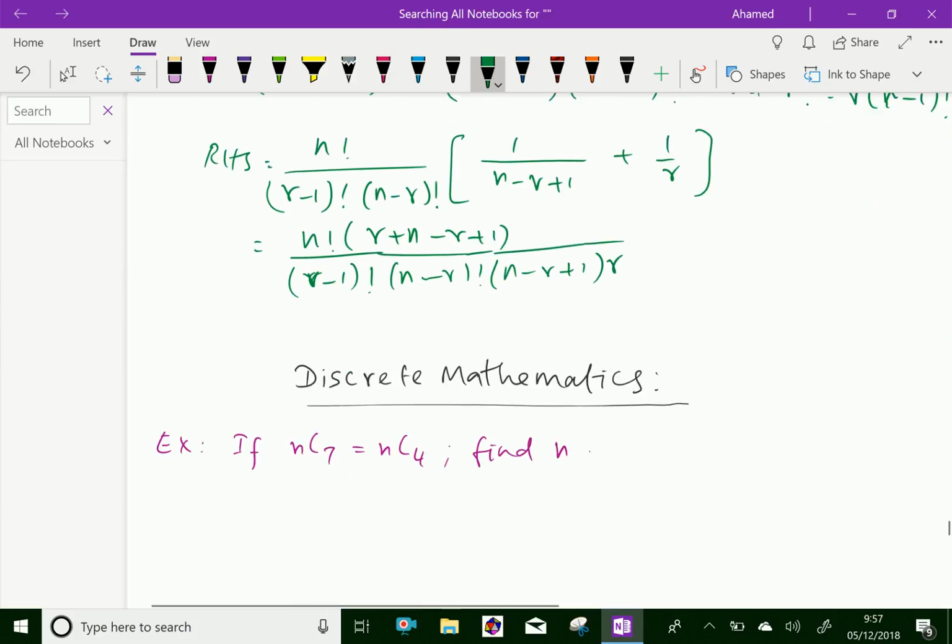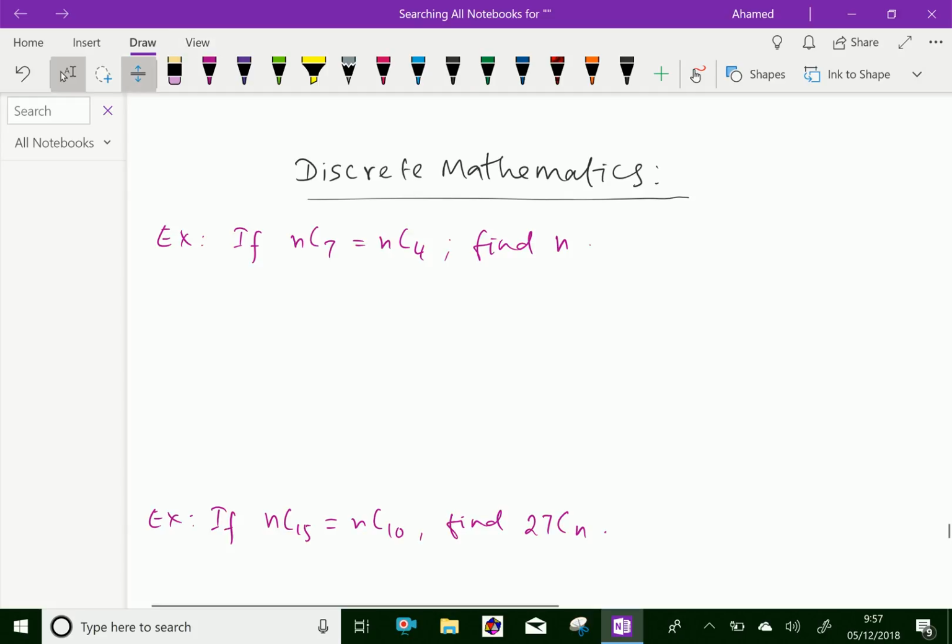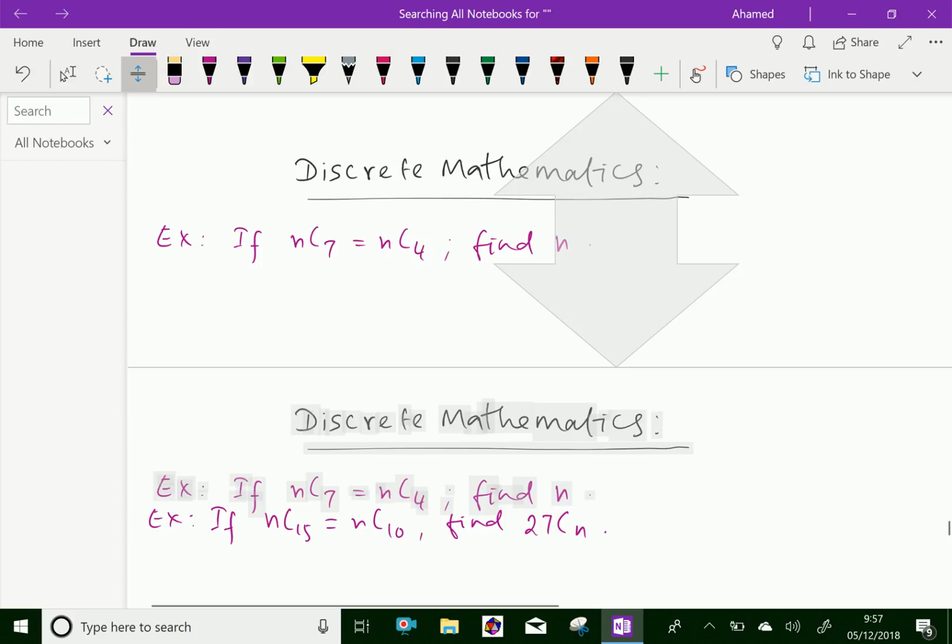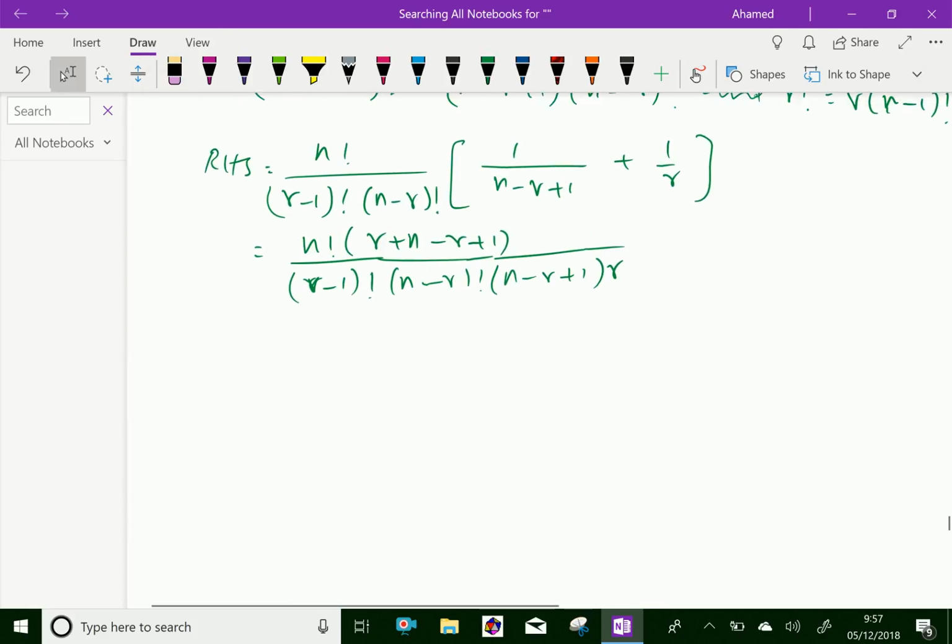Now further simplifying, we get n plus 1, because r minus r cancels here, n plus 1 factorial over r factorial into n minus r plus 1 factorial, because here r into r minus 1 factorial is r factorial.